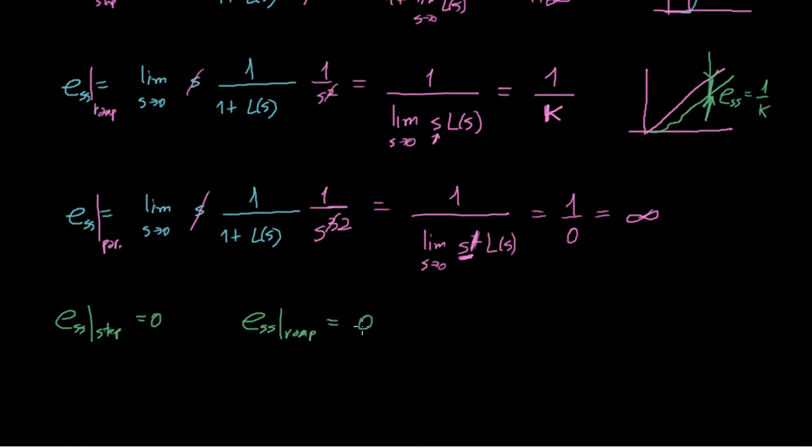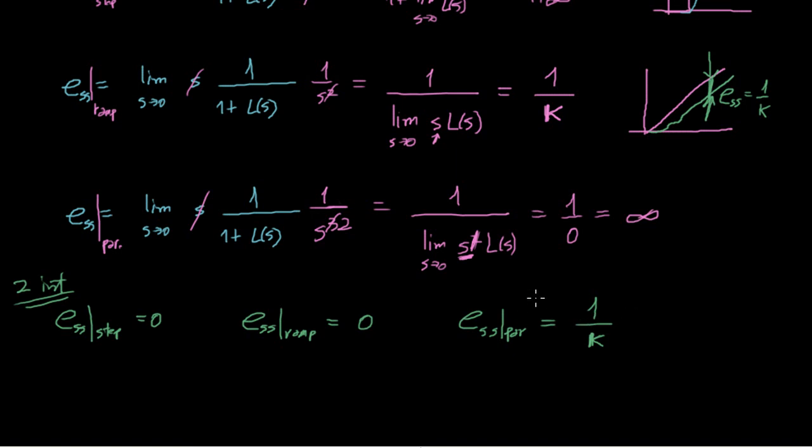Both of them are 0, and with 2 integrators, the steady state error under a parabola is just 1 over k. Please check this. So now the parabolic error is finite, and it shrinks as the gain of the system rises.